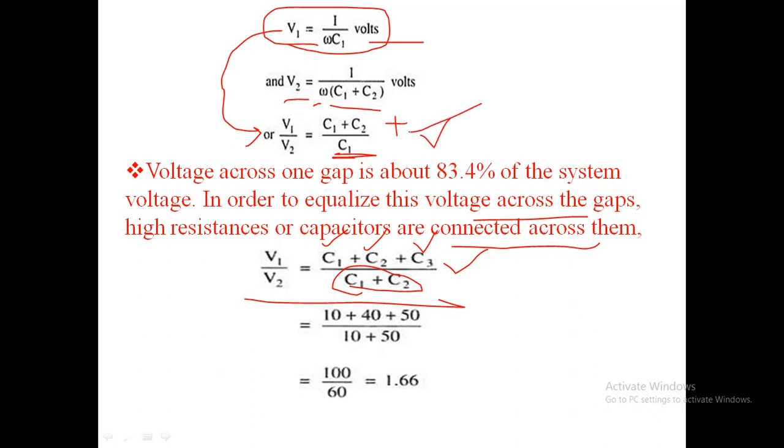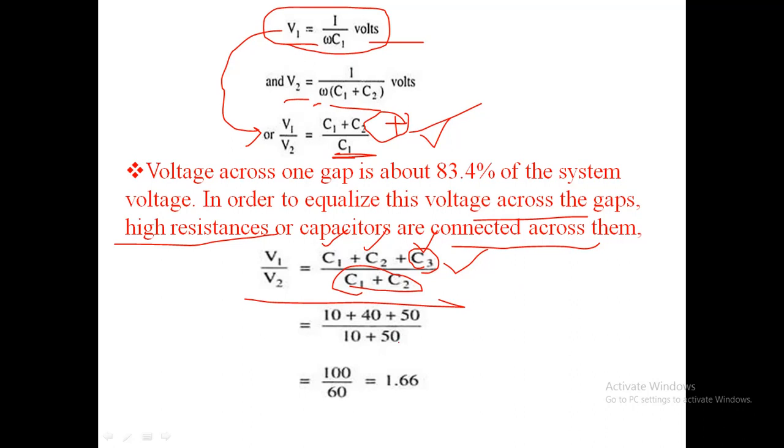This is your actual formula, but in order to equalize the voltage across the gap, I am going to connect the high resistance or capacitance across them. If I am connecting only the capacitance, it will be added, C1, C2, C3.